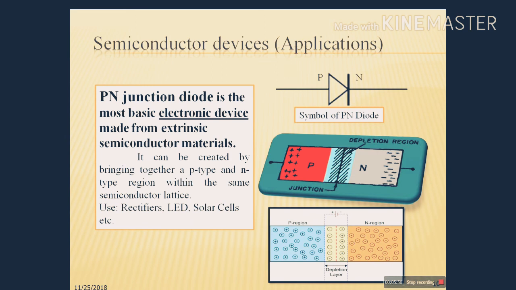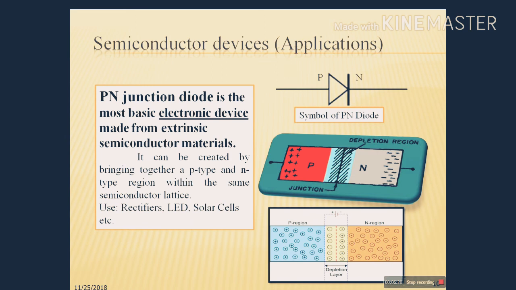During formation of the p-n junction, majority carriers, that is holes from the p side and electrons from the n side, diffuse across the junction, and around both sides of the junction a layer is formed that is called the depletion layer.